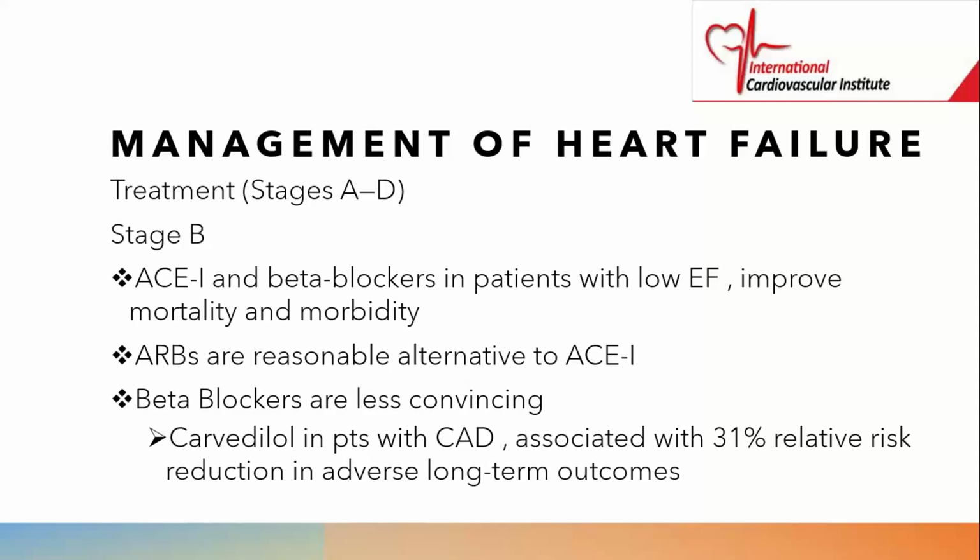And it has been shown that these medications improve mortality and morbidity. It makes the patients live longer and makes them less sick. So asymptomatic LV systolic dysfunction, ejection fraction less than 40%, these patients should be on an ACE inhibitor and a beta blocker.